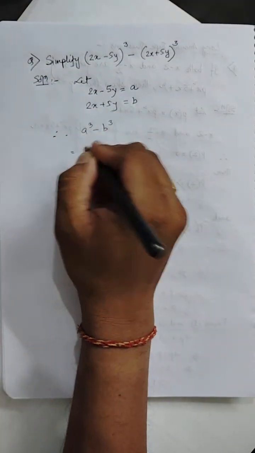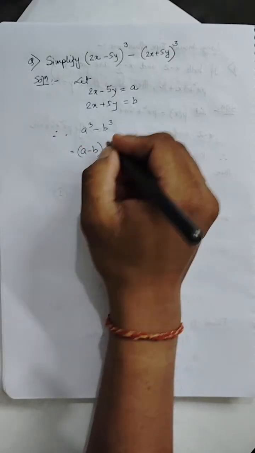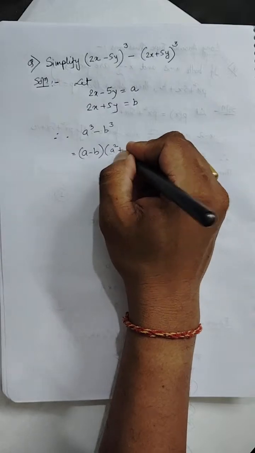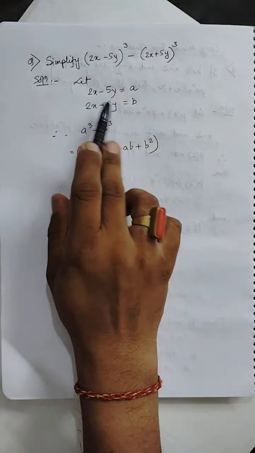So a minus b times a square plus ab plus b square. So now we will replace the a and b with these values.